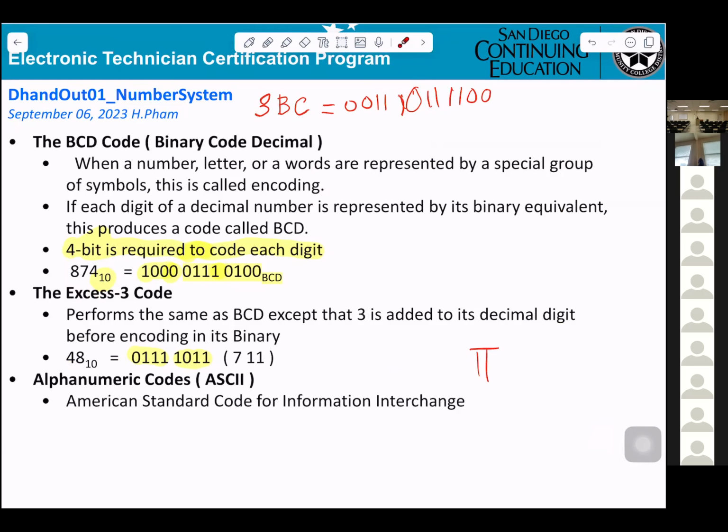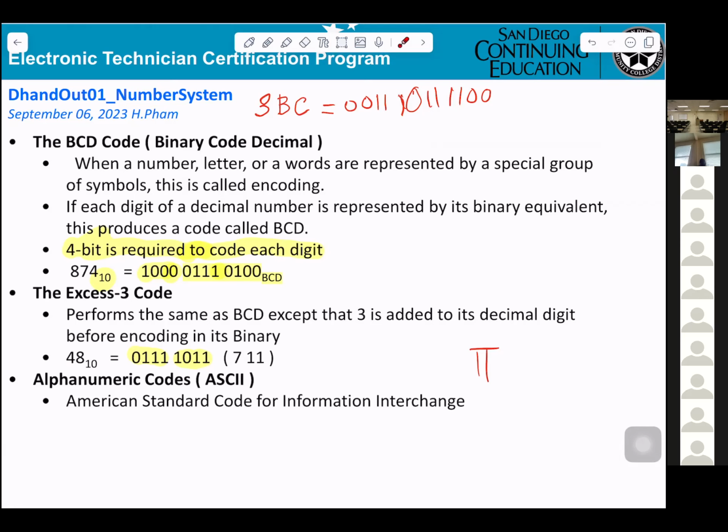Now, if you get a number 874 base 10, base 10 means decimal, and you want to convert it into binary, this binary is called binary coded decimal.